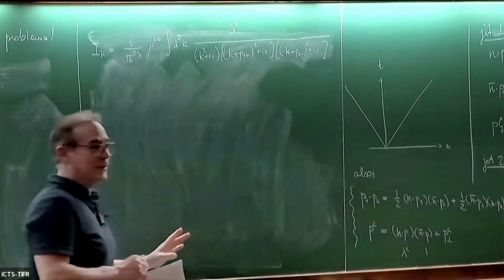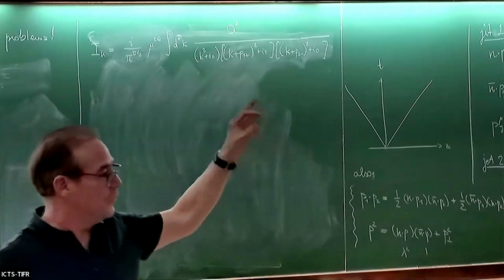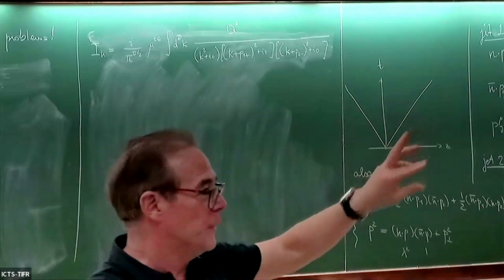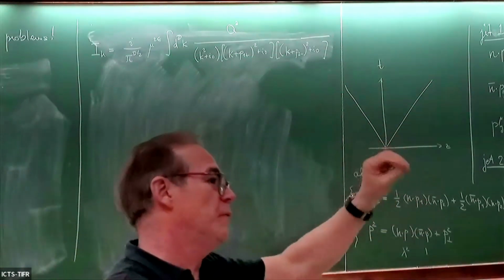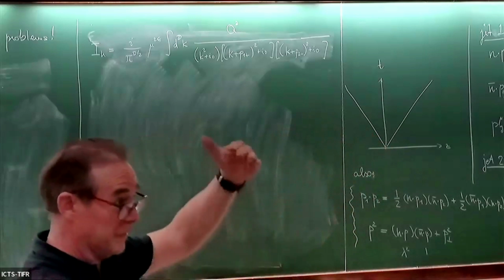However, the key advantage is that there we had three momenta, q, p1 and p2, and we could form q squared, p1 squared, p2 squared, and they were different scales.